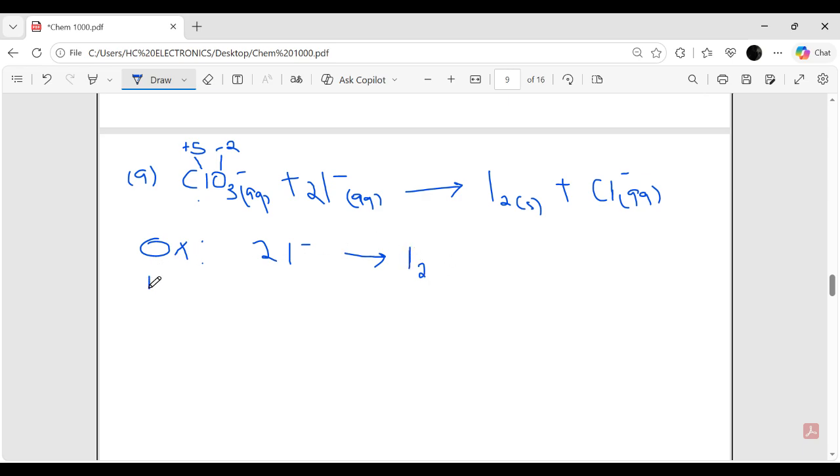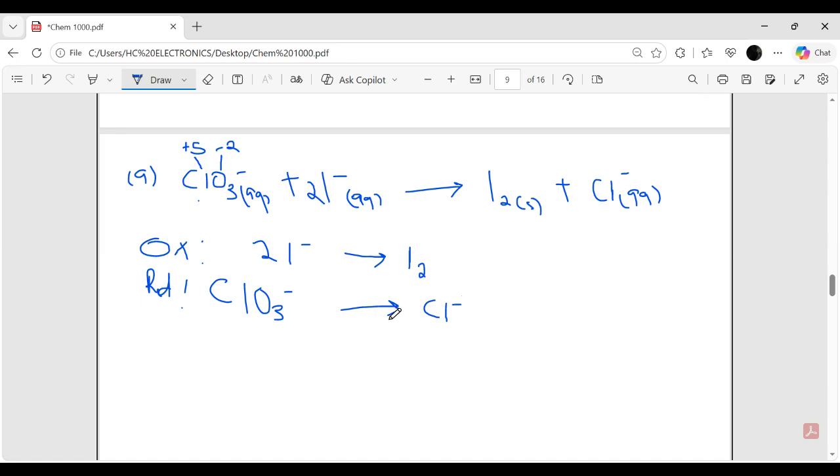Then for the reduction, the one undergoing reduction is ClO3-, which is being changed to chloride, like this. So now we've identified the reduction and the oxidation reactions.